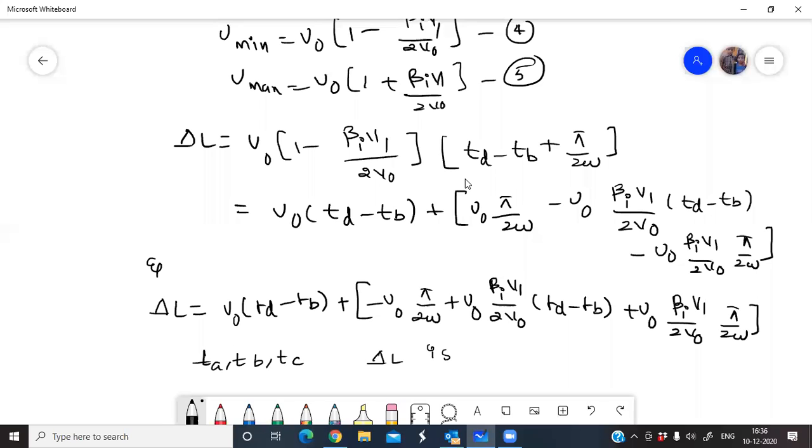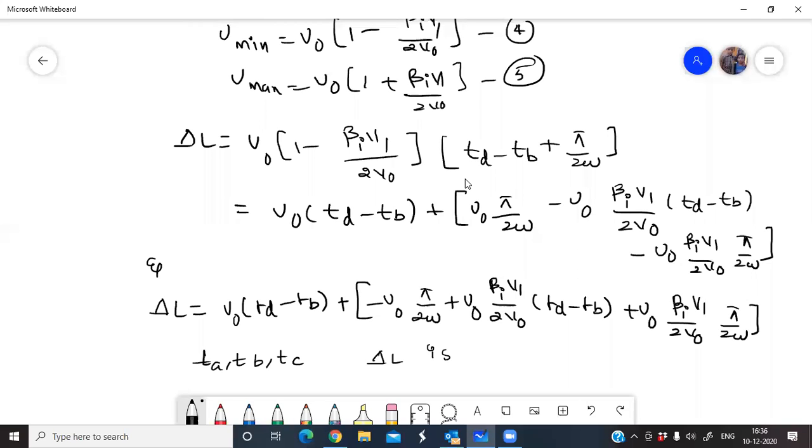Can anyone tell, what is the condition? Any guesses? At the same distance. Tell me one thing, when you go for the reference electron, that is at point TB, what is the distance delta L equal to?